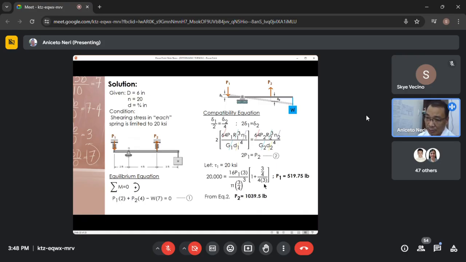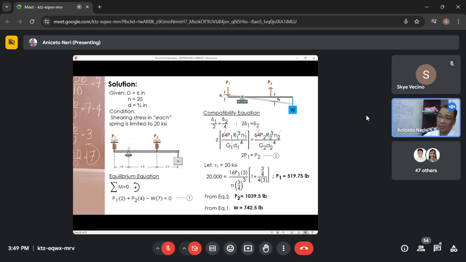And then lastly, you go back to equation 1 with P1 and P2, and you can solve for W. Right? Okay, so this is the W, the load if the spring at the left has a stress of 20 KSI. This gives us W.